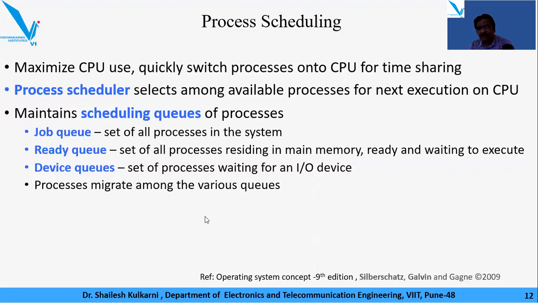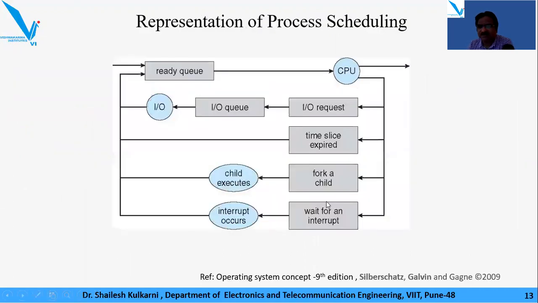How does it migrate around the various queues? Let's see this. In the representation of process scheduling, when you have the ready queue, the CPU can schedule it. From ready, it will be in a running state, right? In the running state, it will check for an IO request. If an IO request is found for that process, it will be put into the IO queue.